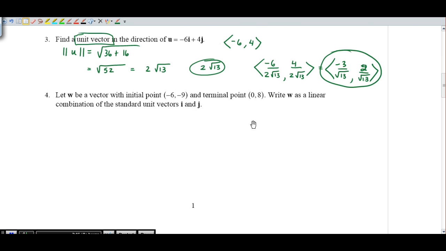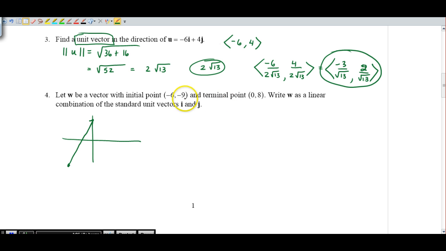Problem number 4 is a vector that is here, negative 6, negative 9. That's its initial point. 0, 8 is its terminal point. So I want to write this vector as a linear combination.